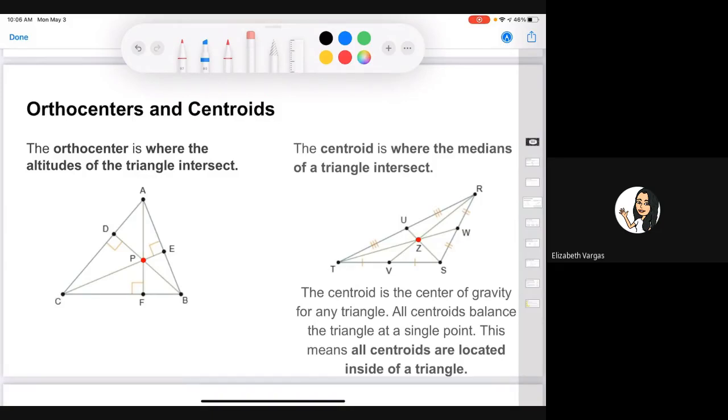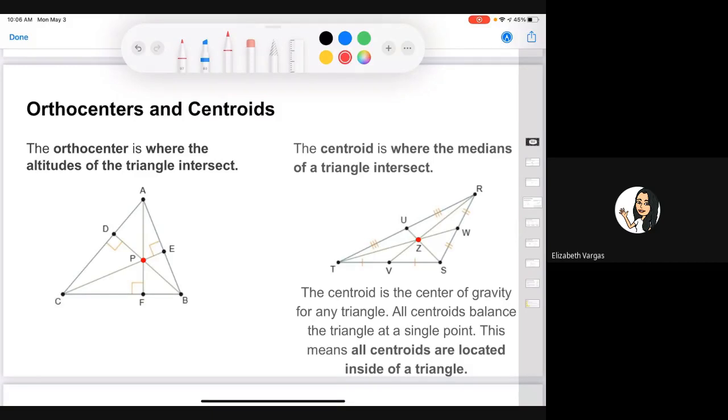So this is the gist of what we're getting at. The orthocenter and the centroid are basically what you're going to have to be able to differentiate between. The orthocenter is where the altitudes of a triangle intersect. So basically we looked at altitudes. Altitudes go from the vertex to the opposite side perpendicularly.